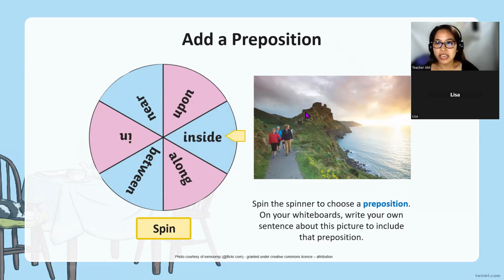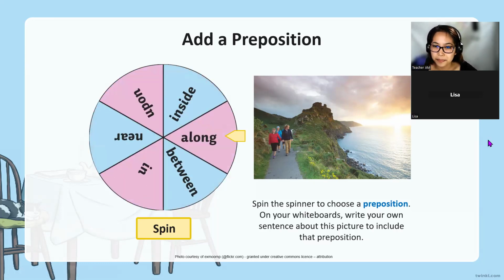So maybe I'll just say the flowers are inside the ground, like that. Okay, pretending that the flowers are in the ground. Okay, now your turn, Dolin. Here it is. Let's spin the wheel.